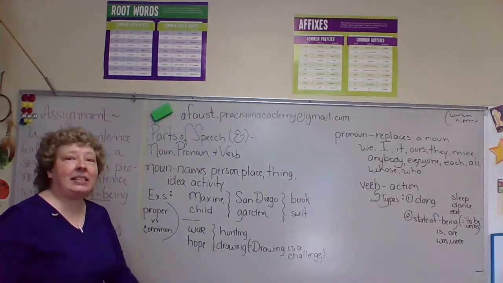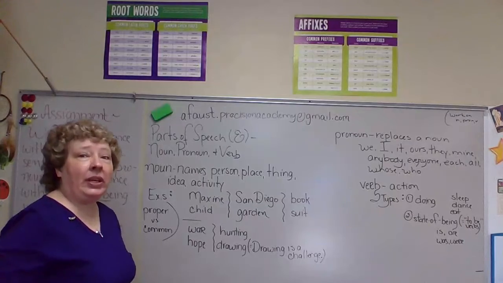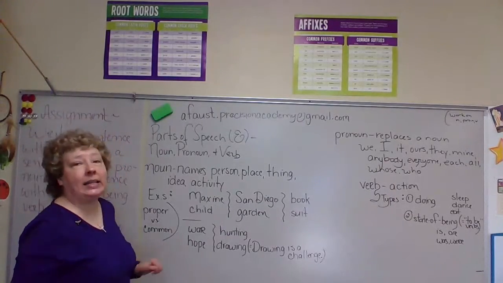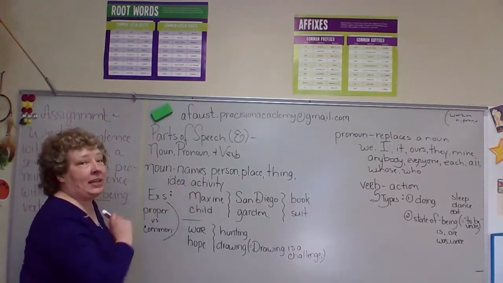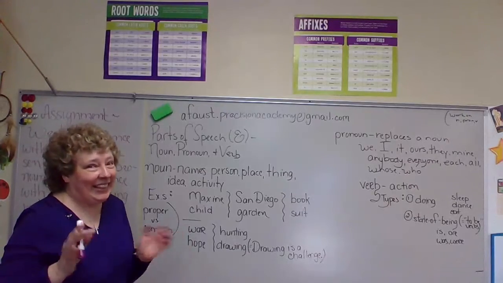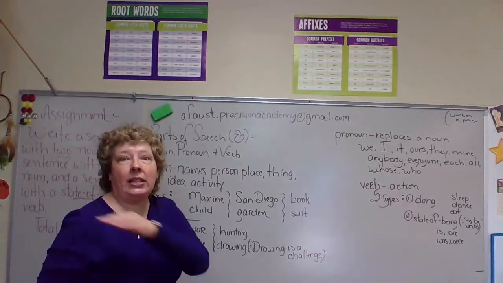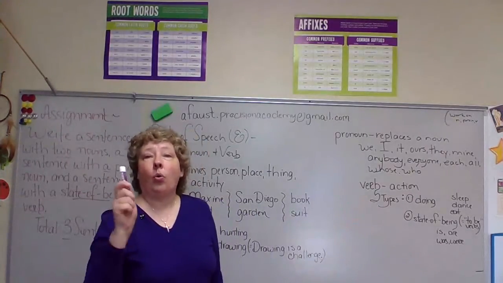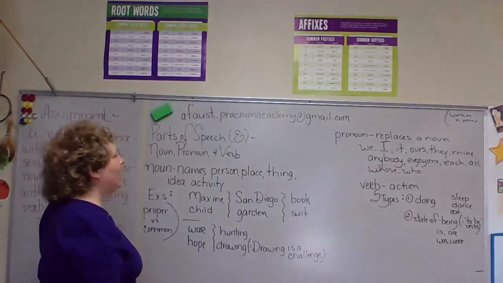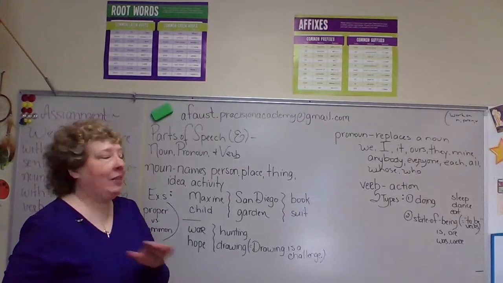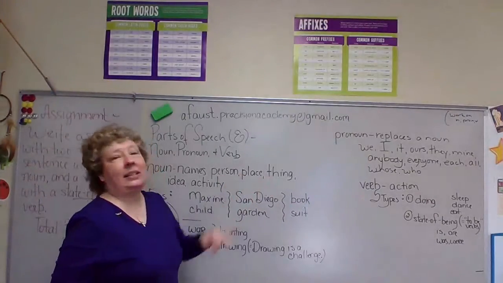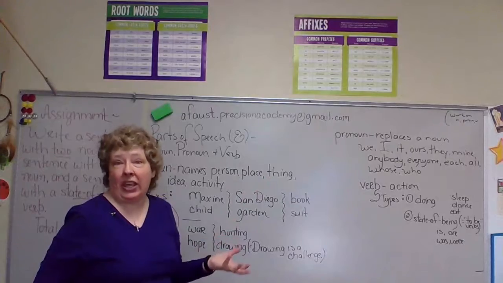Okay, so if I ask you, what is the job of the noun? You are going to tell me what? Well, right here, it names. Person, place, thing. And then you're going to say, that's it, Miss Faust. Wrong. We tend to teach, especially in lower levels, person, place, thing. Some people know it's object, but usually we say thing.